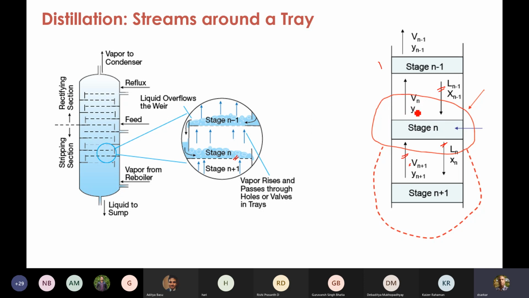It will be Vn and Yn. And the liquid that comes to here is Ln minus 1, Xn minus 1, because this is coming from stage n minus 1. So in one line, the vapor streams and the liquid streams will be identified by the stage number from where they are originating.